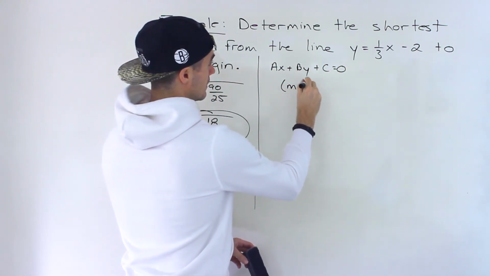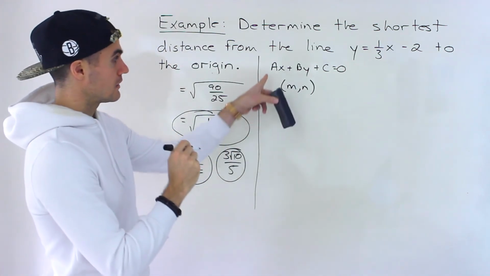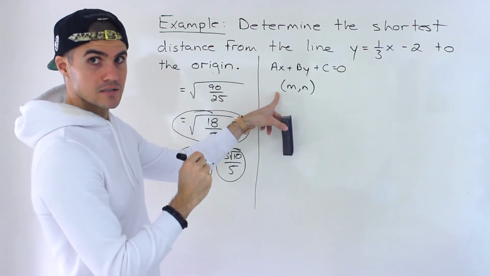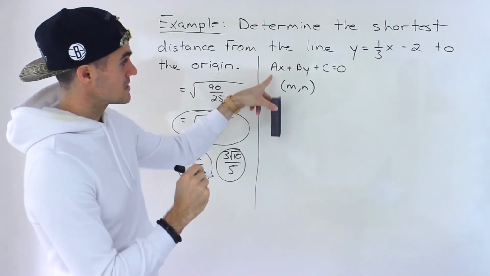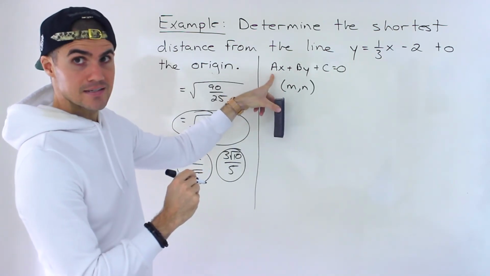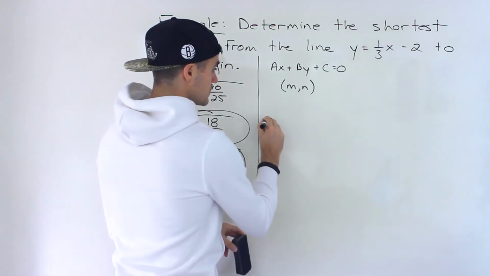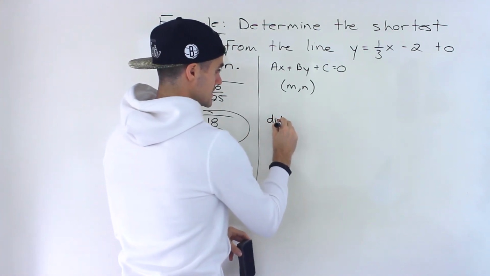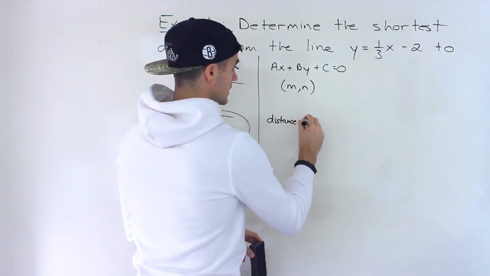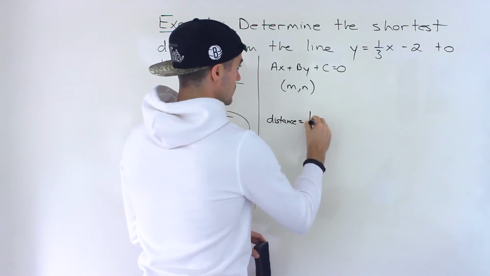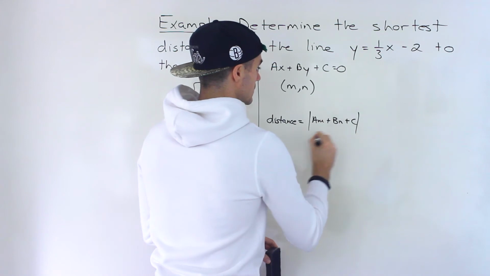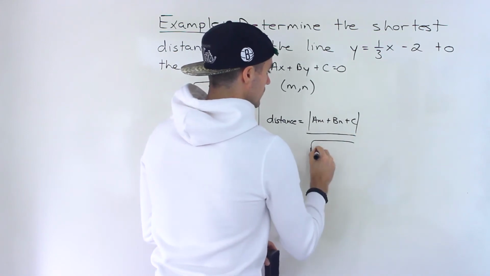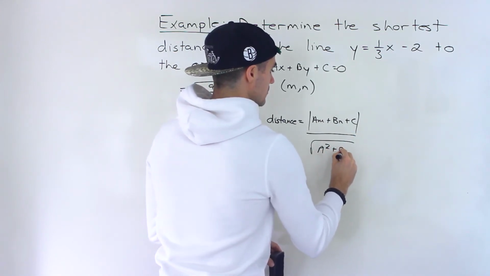If we have a line and then we have a point, in this case the point is 0 and 0, but just in general, the distance between this point and this line, the shortest distance, is going to equal the absolute value of AM plus BN plus C all over the square root of A squared plus B squared.